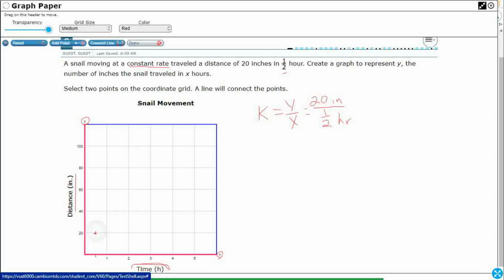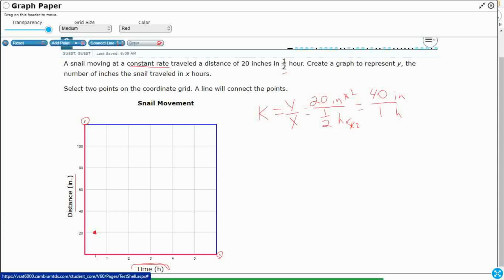So if I wanted to plot this, I actually can plot in halves. It doesn't have to be whole numbers, but let's get a few other points just to see what we have here. What if I were to double it, right? If I double my numerator and double my denominator, make an equivalent fraction, it's going to keep my same constant. I can have 40 inches over 1 hour.